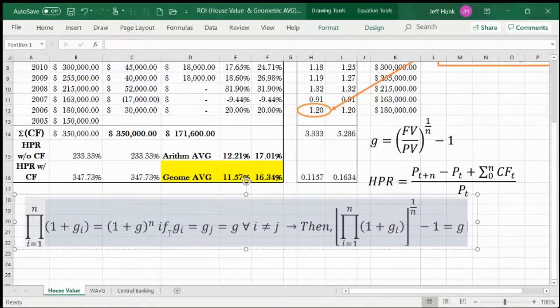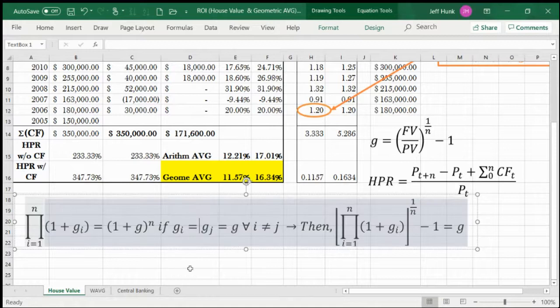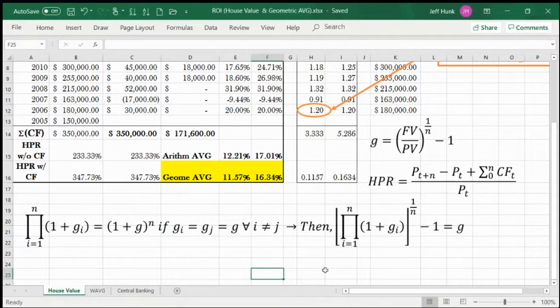And if g_i is equal to g_j for all i that's not equal to j, that means i is 1, j is 2; if i is 3, j is 4 or 5 or 6, 7. In other words, growth rates at different time periods, like year 1 and year 2, are supposed to be different.